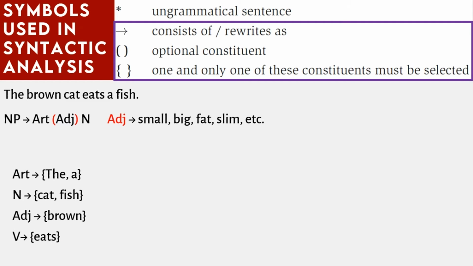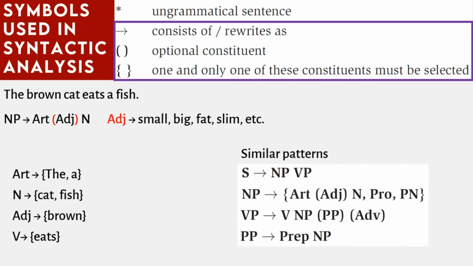Now, these are the parts we already checked, and we have similar patterns. Remember these similar patterns because in tree diagram syntax analysis, we use a lot of them. For example, the sentence is composed of a noun phrase and a verb phrase. Yes, it's the most common.